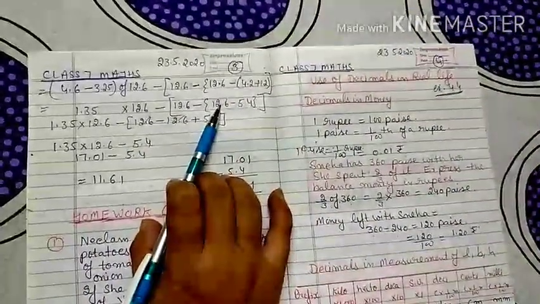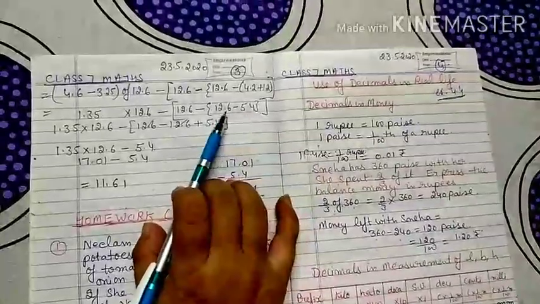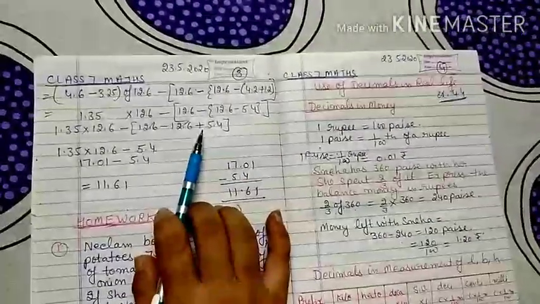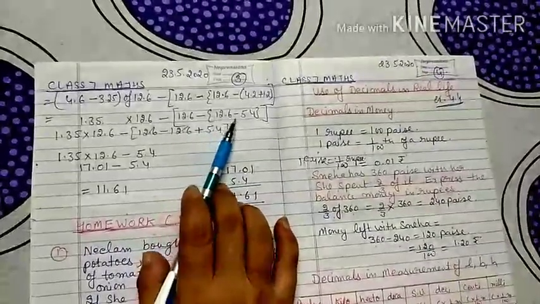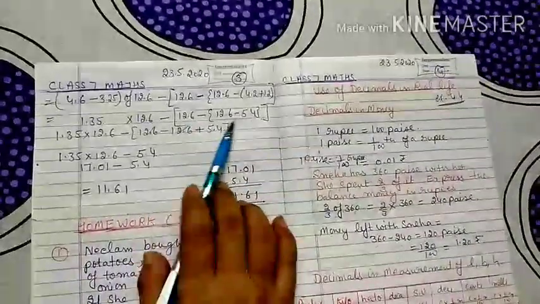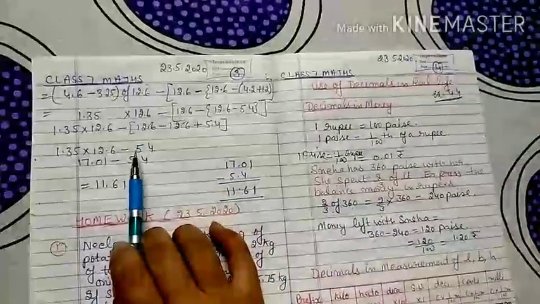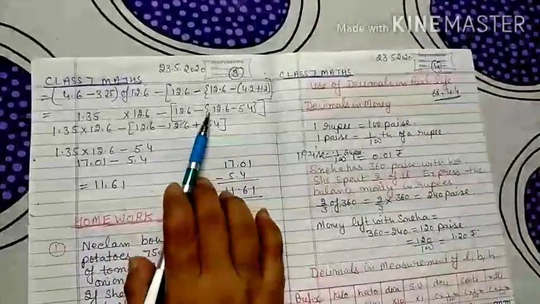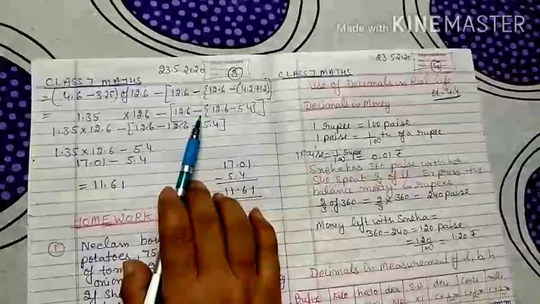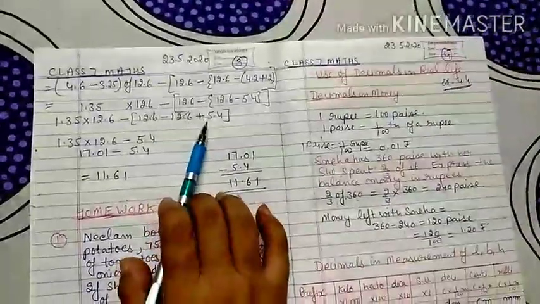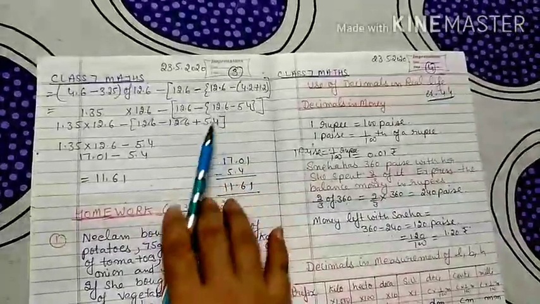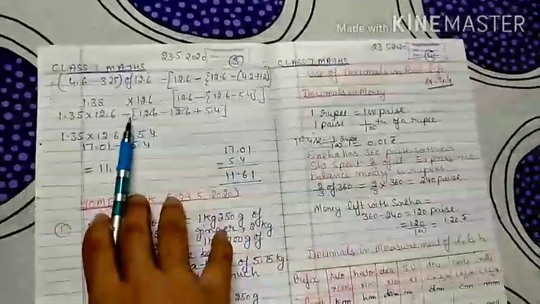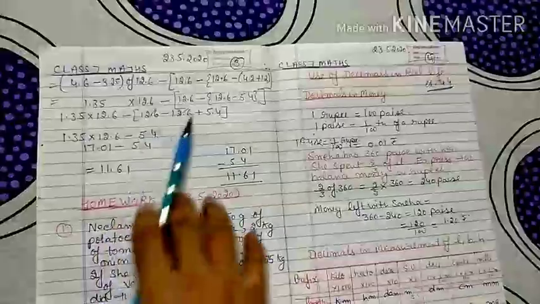4.2 plus 1.2 gives me 5.4. 12.6 minus 5.4, 12.6 minus 12.6 plus 5.4. When you open this bracket, because the negative sign is outside, or either you can open the inside curly bracket. 12.6 minus 12.6 cancel, only 5.4 is left, because the negative sign is outside, negative becomes positive, but here negative is again outside, so negative into positive becomes again negative.